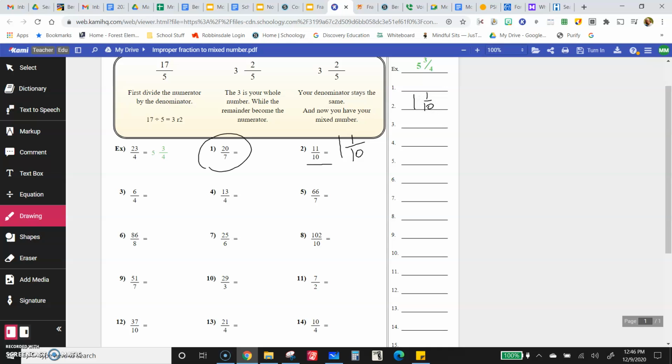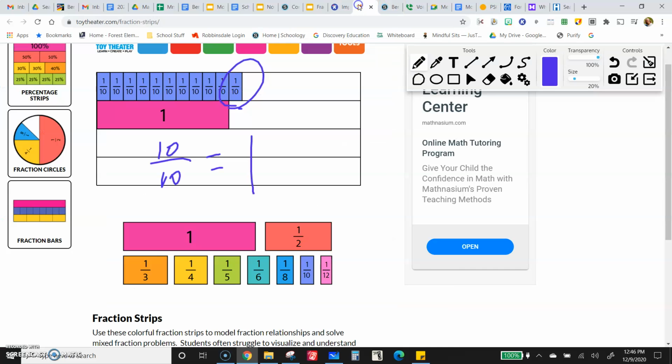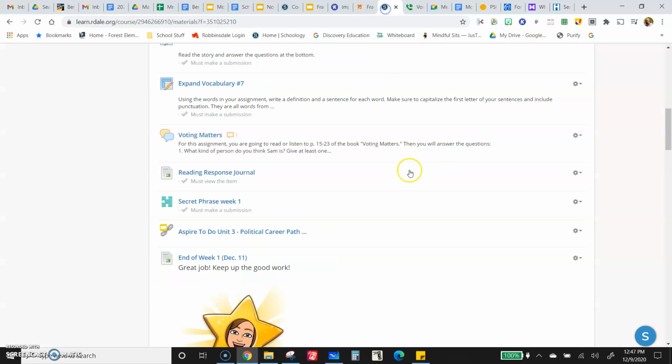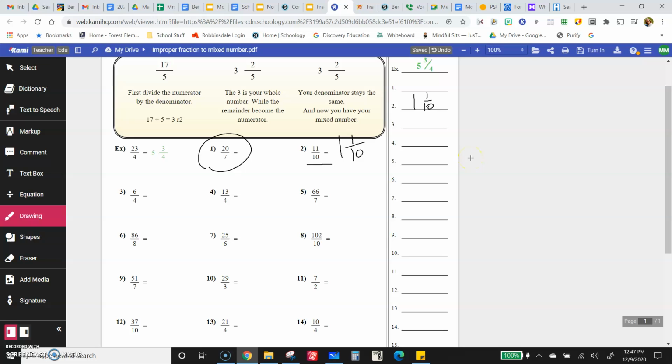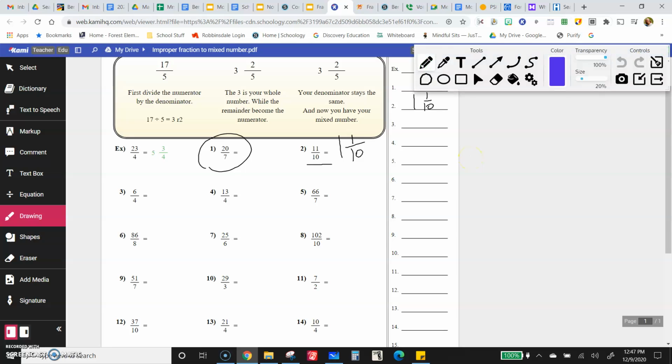Now here, 27ths, I can't use the fraction strips for that, but if I thought about it, let's say that we call this a 7th. How many 7ths do I need to have to equal one whole? How many 7ths equal one whole? Well, 7 7ths. So 2, 3, 4, 5, 6, 7. That's one whole.